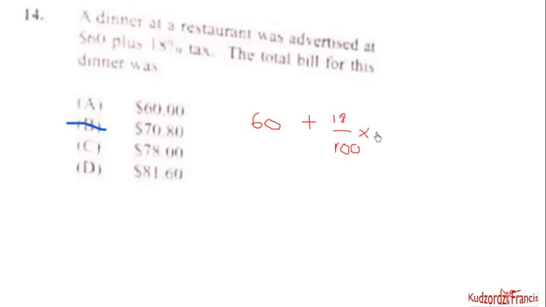We are familiar with this question already. So this will give you $60 plus 10.8. This will give you 10.8 because we cancel this and this will cancel this. You are left with 18 times 6, which is 108 over 10, which is 10.8.